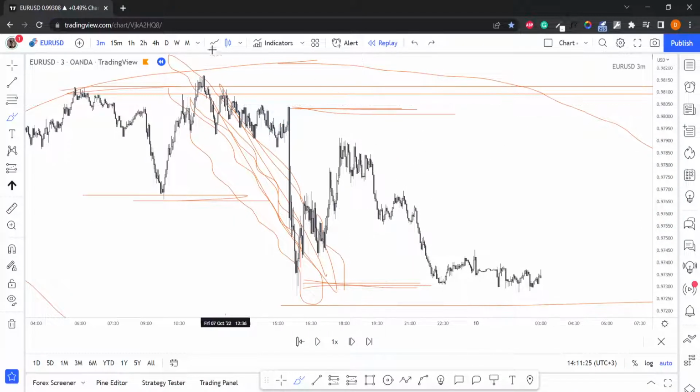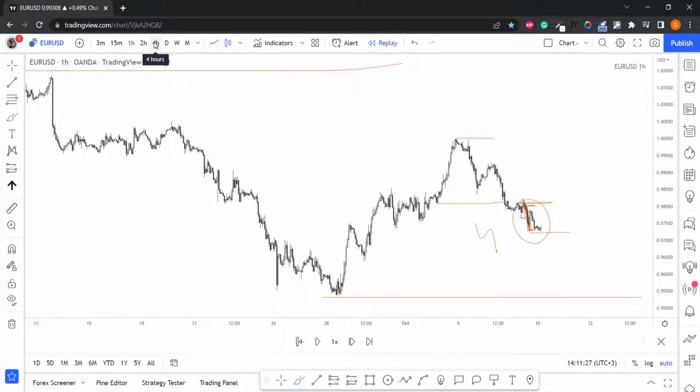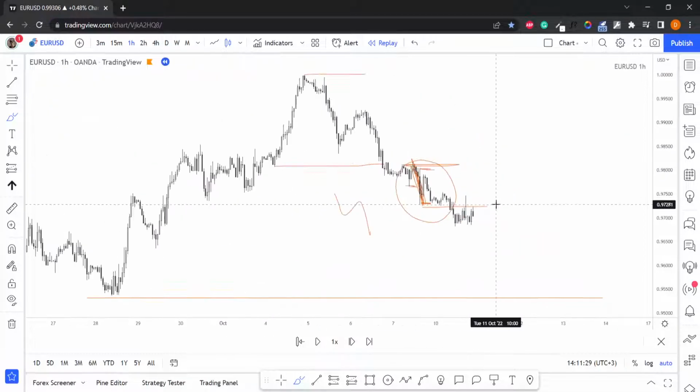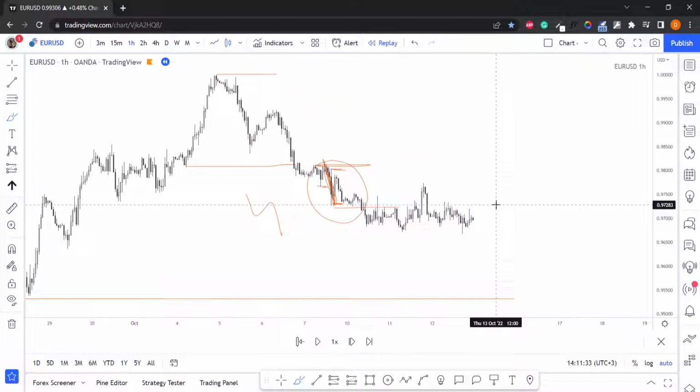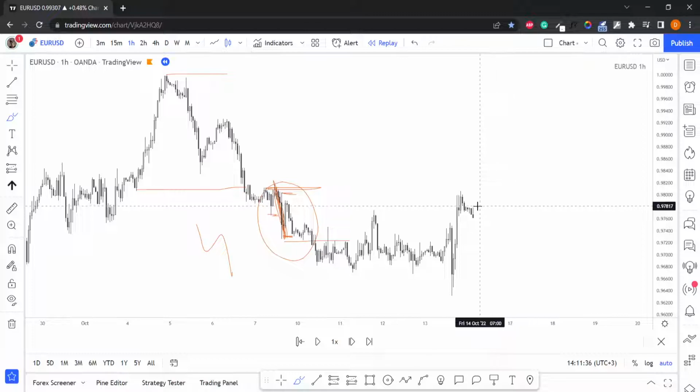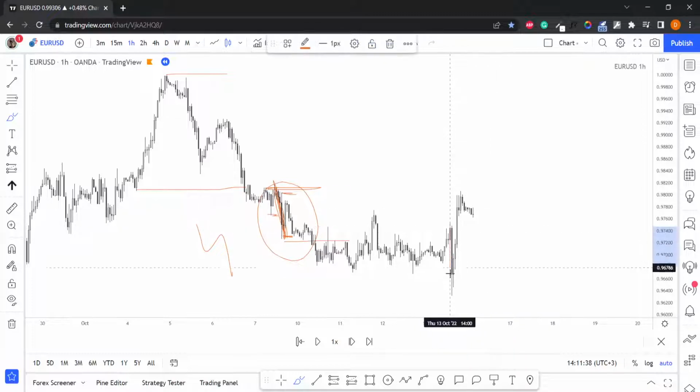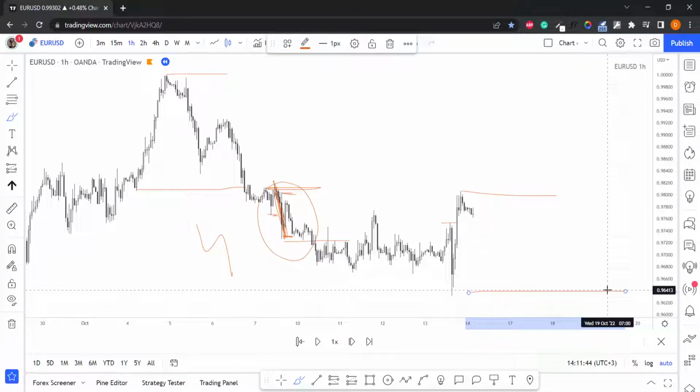Or let's just continue with more. So yeah, we're still very bearish, interesting situation. You see, shifted bearish, shifted bullish. So now we are in this bullish push.